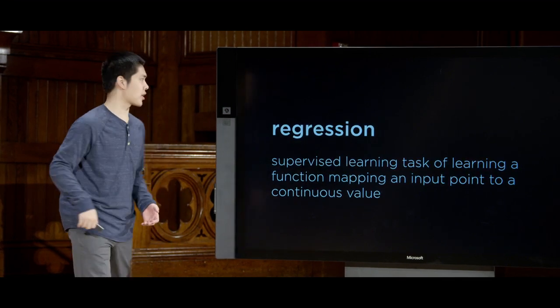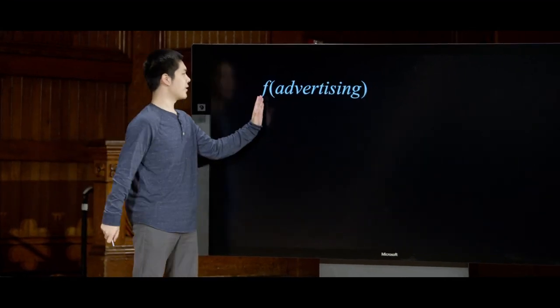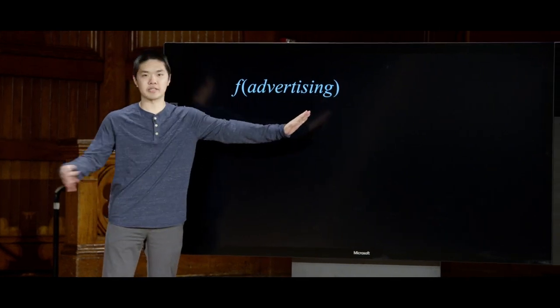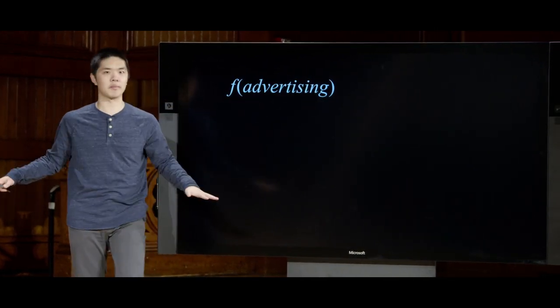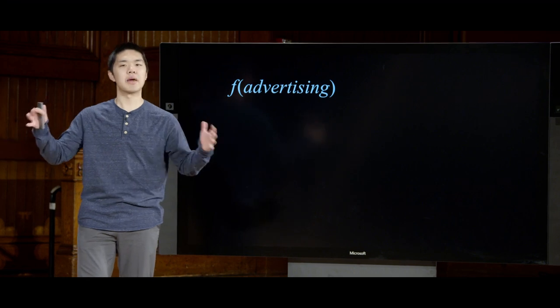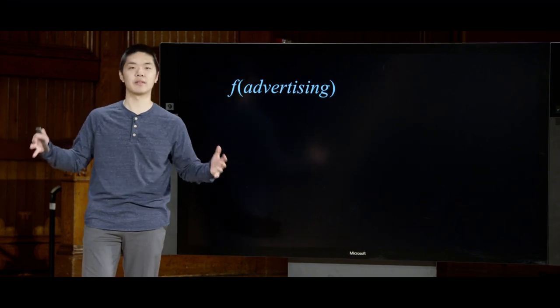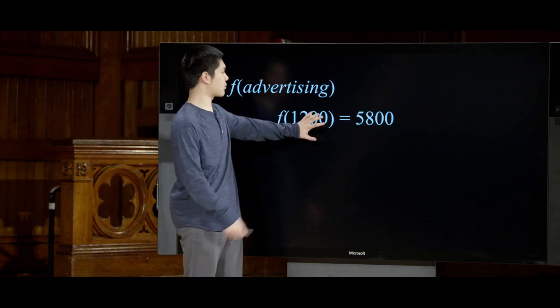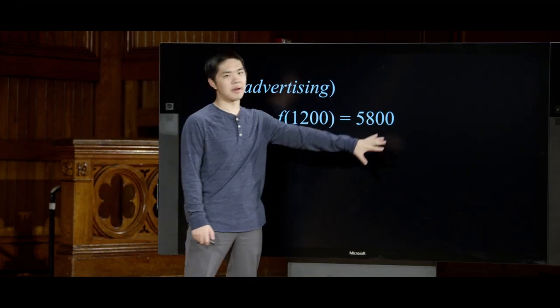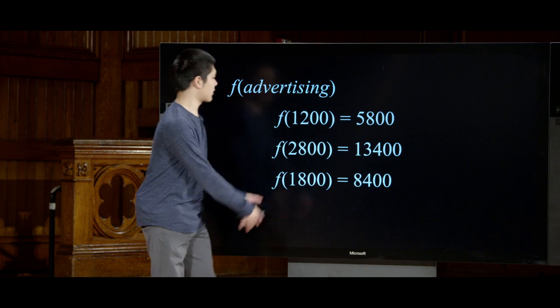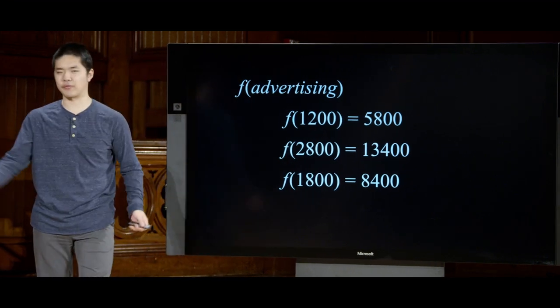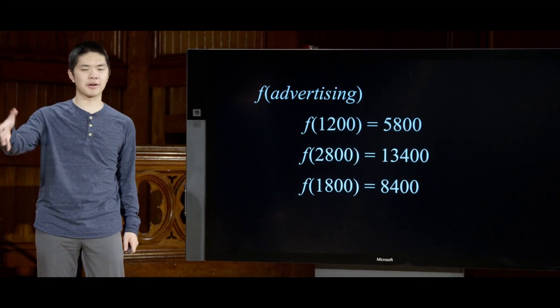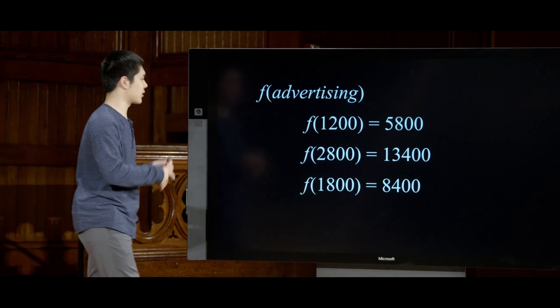And so they might like to try to predict some function that takes as input the amount of money spent on advertising. And here we're just going to use one input. But again, you could scale this up to many more inputs as well if you have a lot of different kinds of data you have access to. And the goal is to learn a function that given this amount of spending on advertising, we're going to get this amount in sales. And you might judge, based on having access to a whole bunch of data, like for every past month, here's how much we spent on advertising, and here is what sales were.